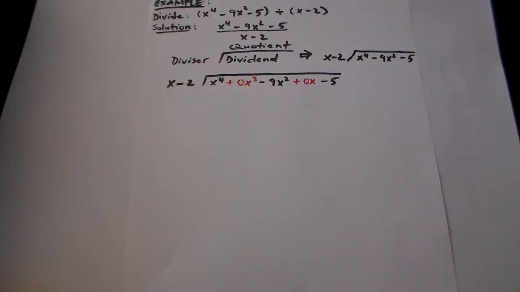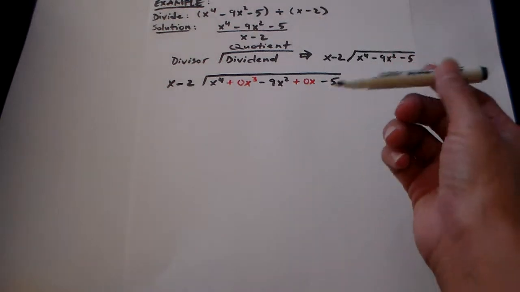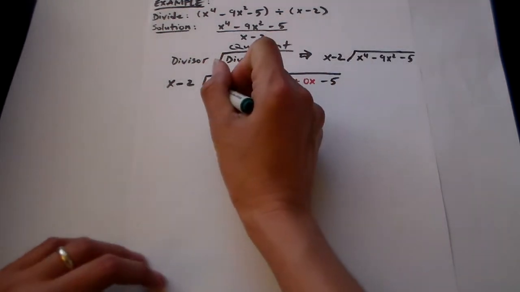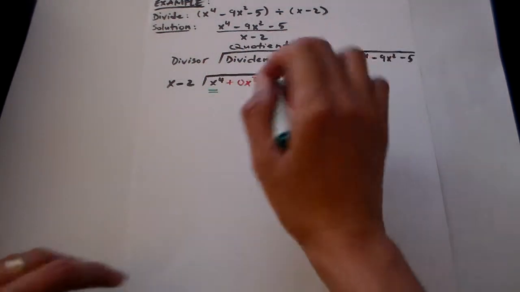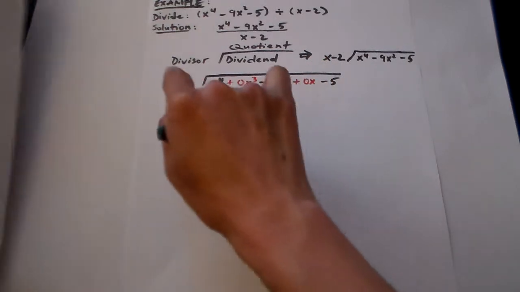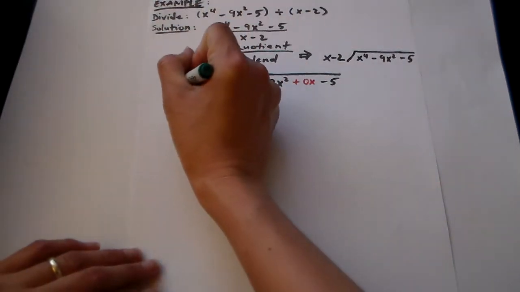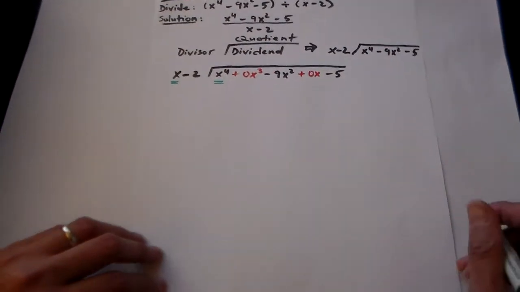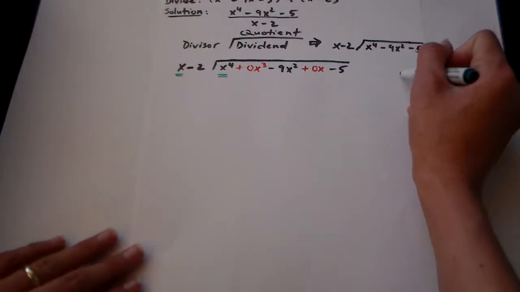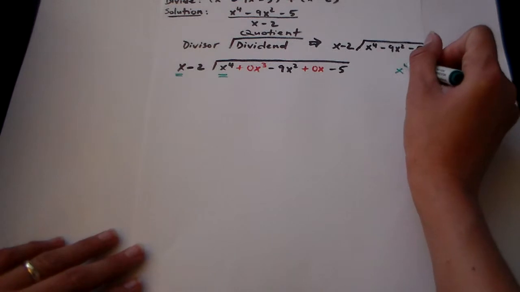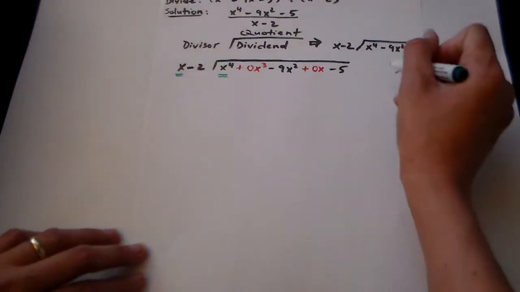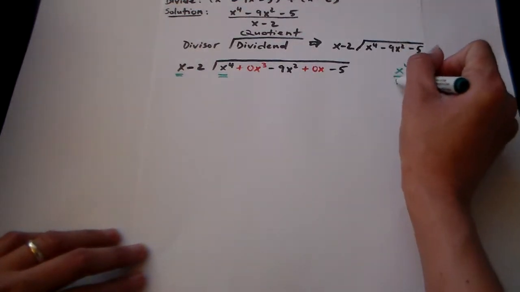So very similar to last time. You take the first term in the dividend, divide by the first term in the divisor. So I will take the first term, x to the fourth, divide by the first term in the divisor.